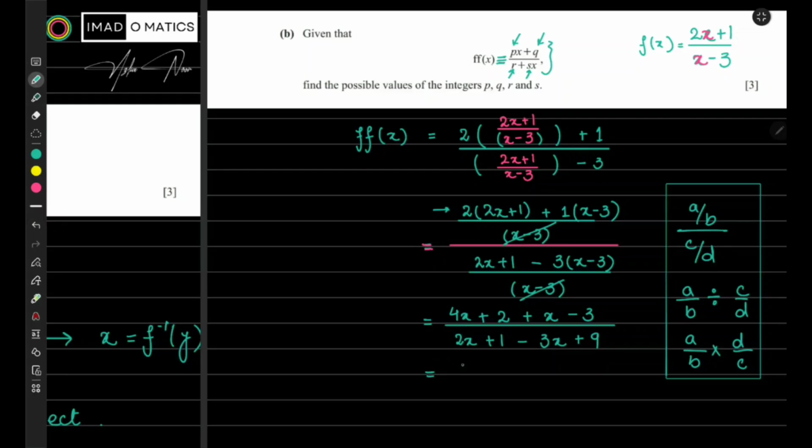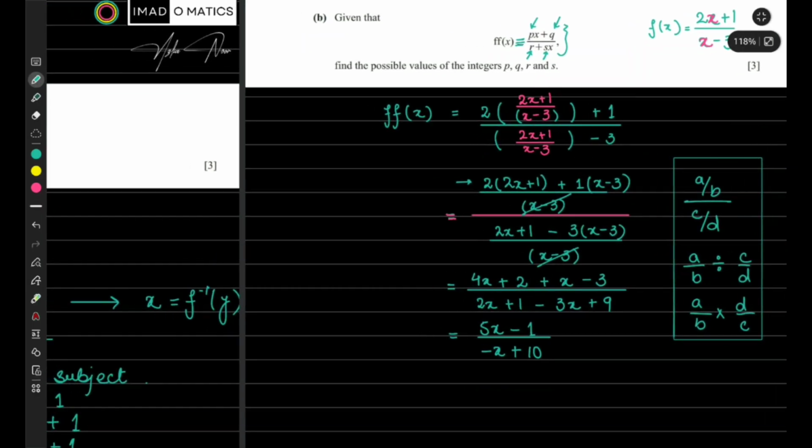That gives 5x minus 1 over minus x plus 10. Okay, so we end up getting this.